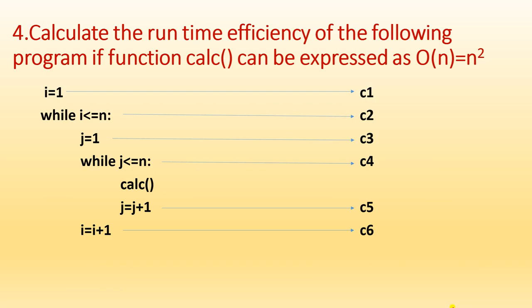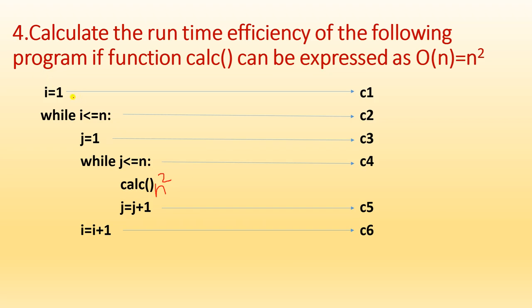Next is, calculate the runtime efficiency of the following program if function calc can be expressed as O(n) equal to n square. So here in this question, the complexity of this calc function is already given. This is n square. So how will you calculate the runtime efficiency?